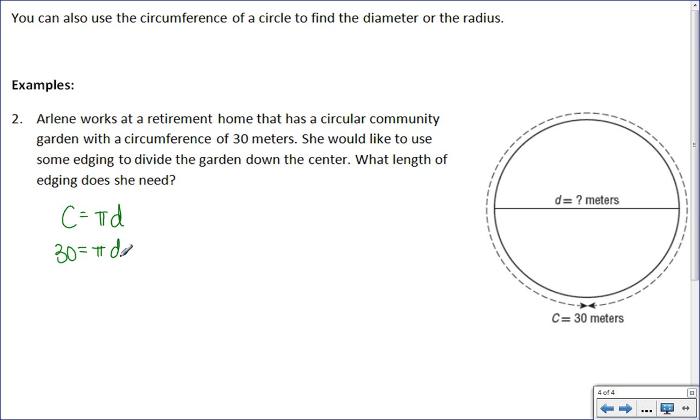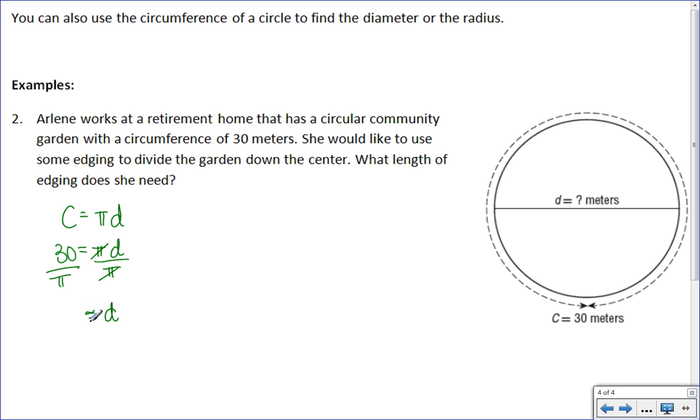And we don't know d, so we'll just leave that as d. Okay, now just like any other equation, I want to solve for d, and right now d is being multiplied by pi. So if I want to get rid of this pi, I would have to divide. So pi's will cancel. Pi divided by pi is just 1, so we're left with just d.